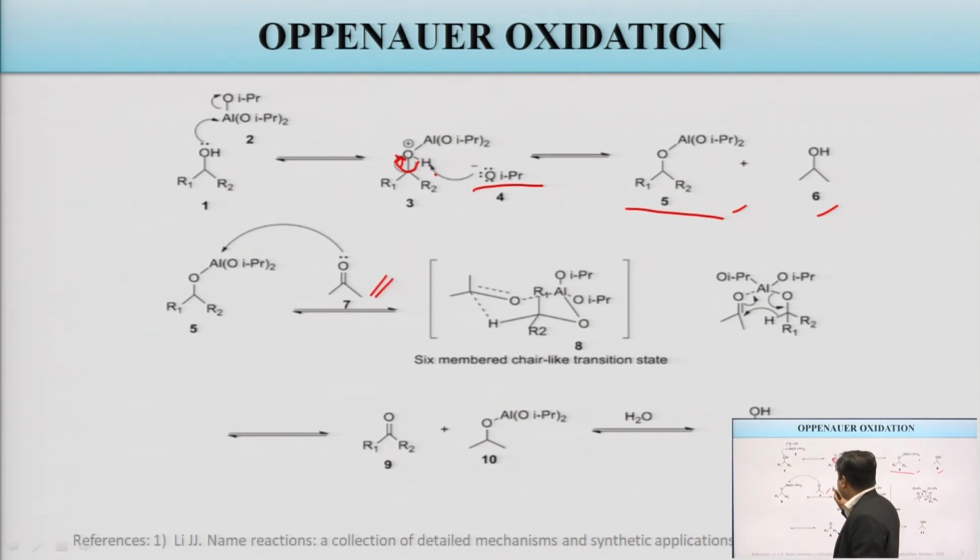Here you can see acetone is coming. Once this complex is formed, the acetone will come and again form a bond with the aluminum. As I told you, aluminum is an electron deficient atom, so it always needs electrons.